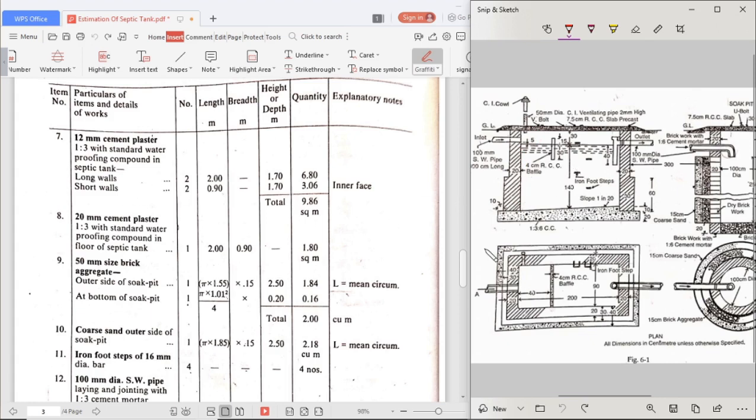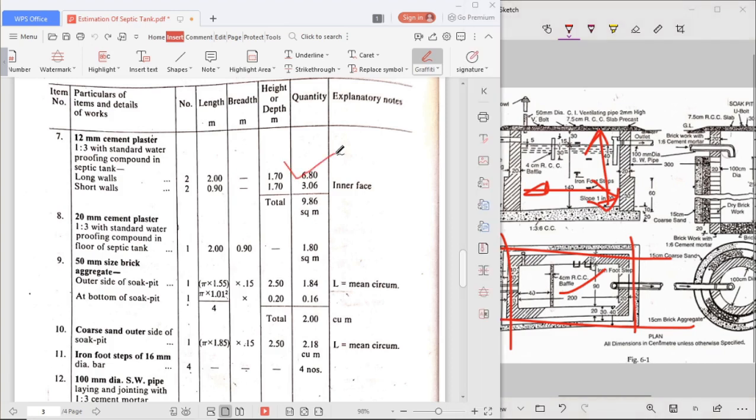We have two long walls and two short walls. For the two long walls, what will be the inner dimension? It is 200, into this distance, 140 plus 30, it is 170. So multiplying, we get 6.80 as the quantity for cement plastering.